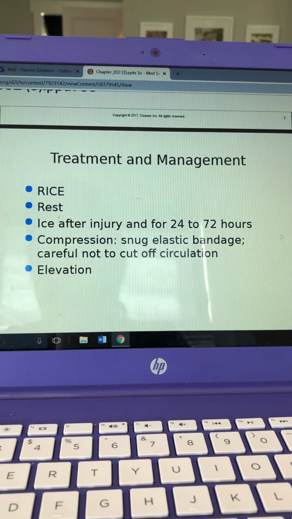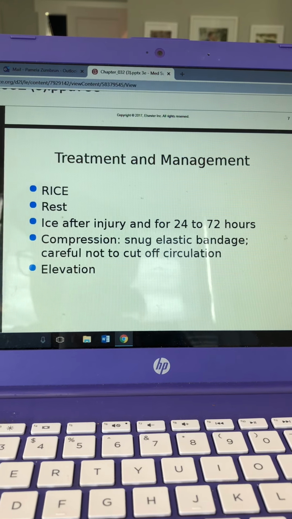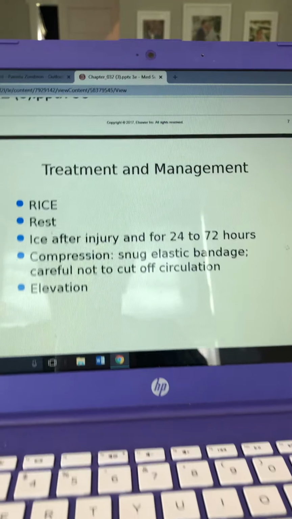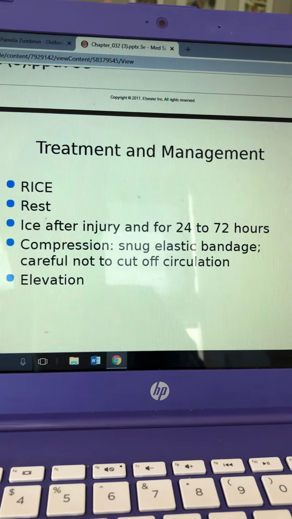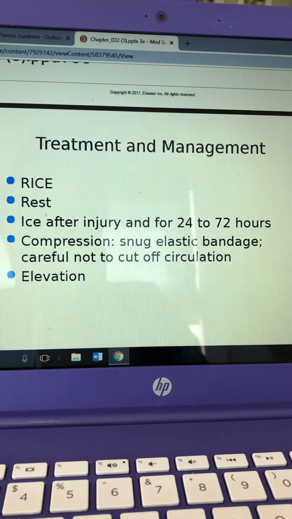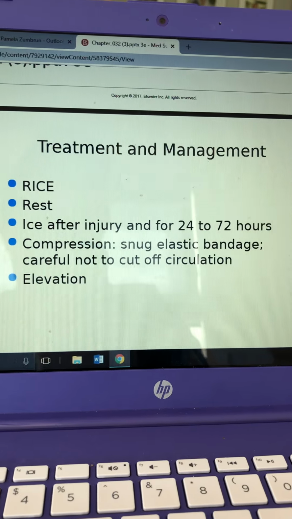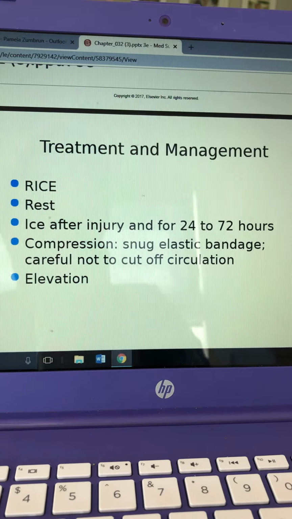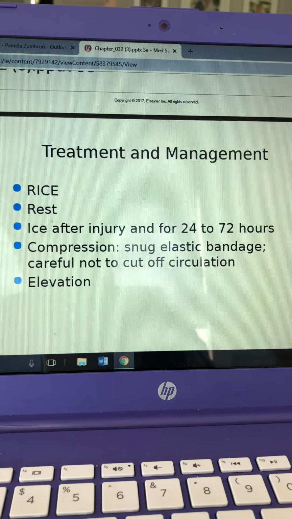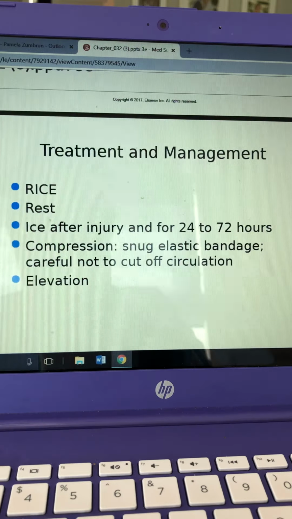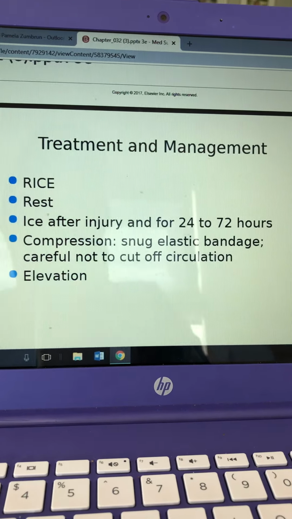I underlined in my notes here elevation. Just to know, when you are taking a HESI exam, taking an NCLEX, we do think of elevation when you have an injury, when you have a sprained ankle, when you have swelling just from having edema in the feet or something like that.